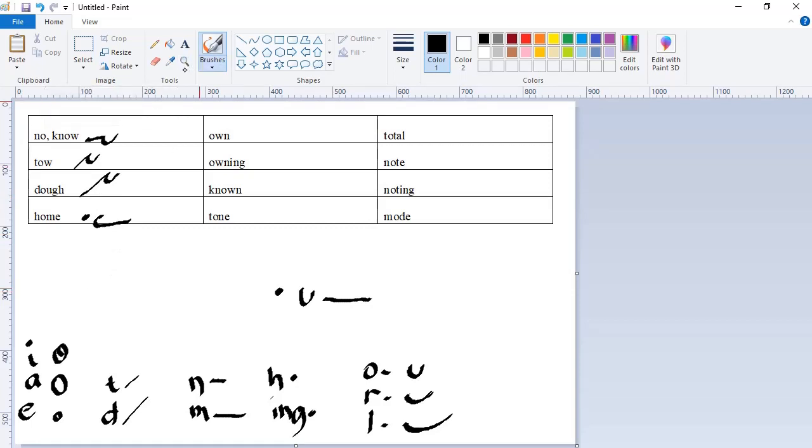Own. So, yung own, we have O and N. Owning, we have O, N, and then we have I-N-G. Ulitin natin, mahaba masyado yung N. We have O, N, and then yung ating I-N-G. Known.